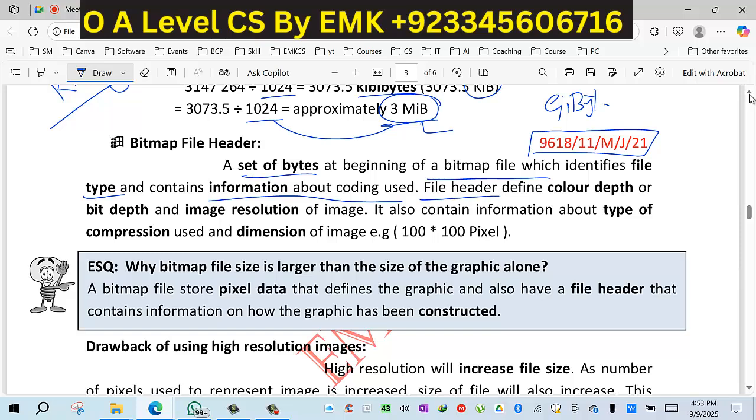This file header also contains information about color depth or bit depth or image resolution as well. It will also contain compression as well as the dimensions of the image, that is, resolution. Understood? Yes.